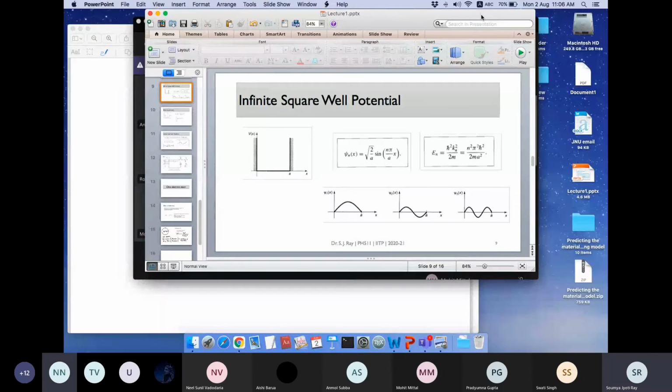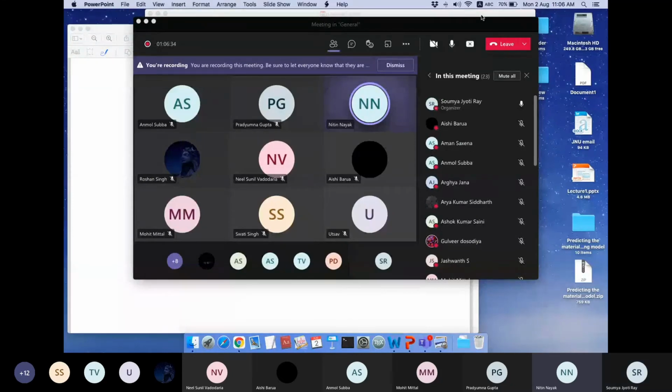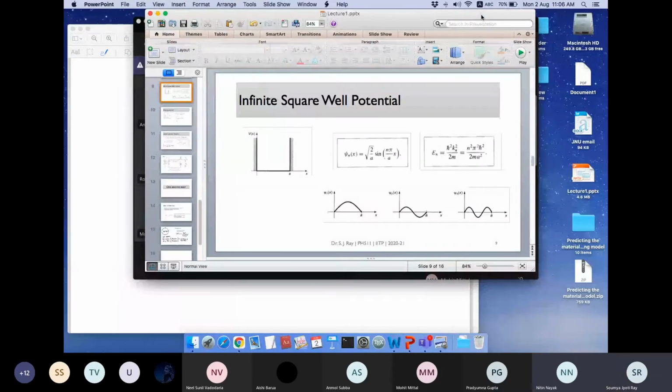Sir, hello. Yes. So maybe I think she wants to say the particle does not have zero energy in the ground state. Like even if a particle is in the ground state, the particle has some energy, but it's never zero.